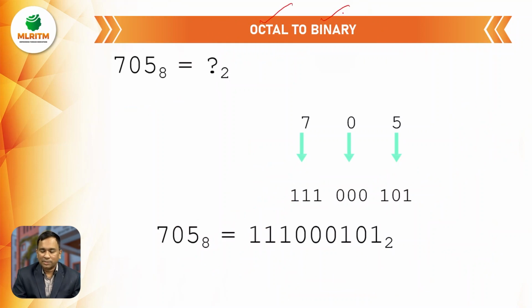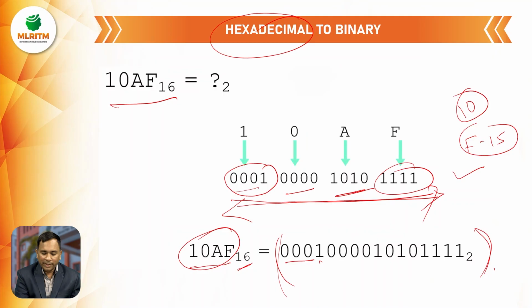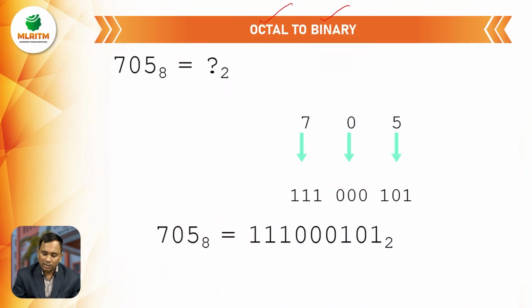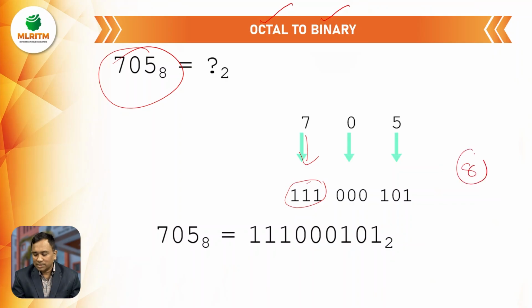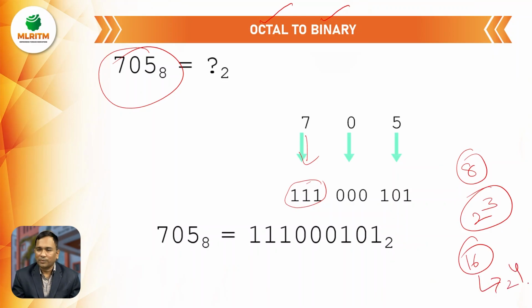Same thing for octal to binary conversion. In the previous example, each hexadecimal digit was converted into 4 parts. But in octal conversion, for my number 705, each digit is converted into 3 parts only. Why 3? Because octal is represented as 2 power 3, but hexadecimal 16 is represented as 2 power 4.